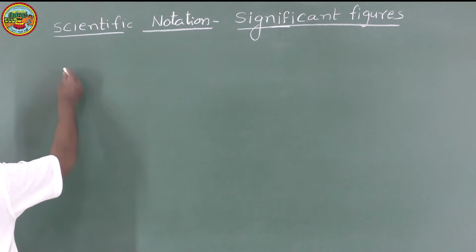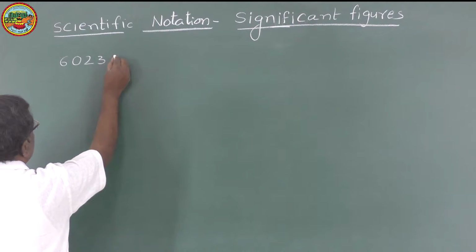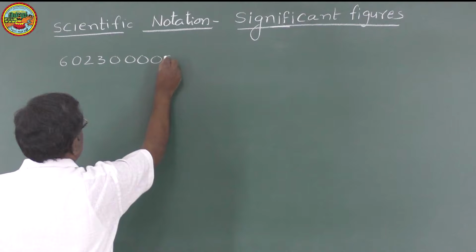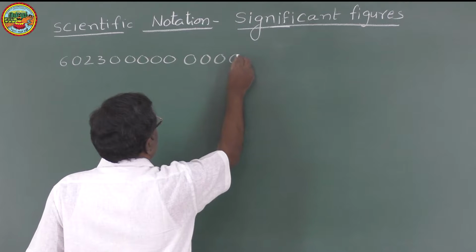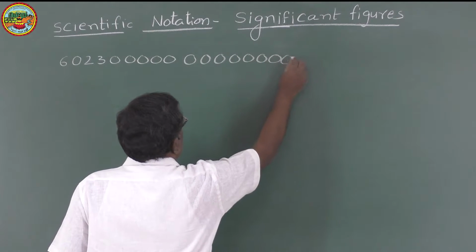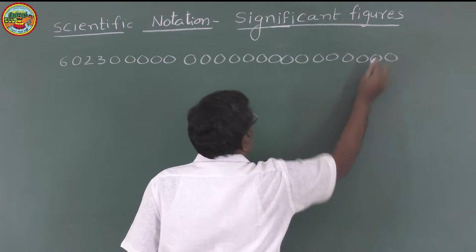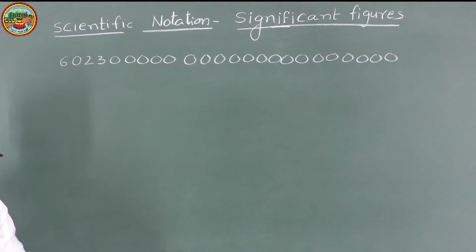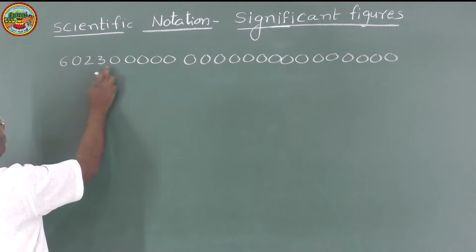For example, if we take Avogadro's number, in Avogadro's number we have 20 zeros after 6023.